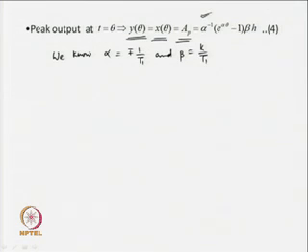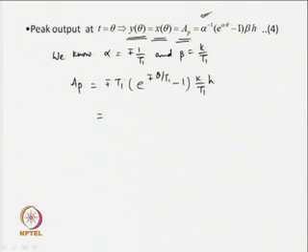So, substitution of alpha and beta in 4 results in an expression of the form A_P is equal to minus plus T1 times e to the power minus plus theta by T1 minus 1, times k upon T1 h, in which T1 is cancelled out.